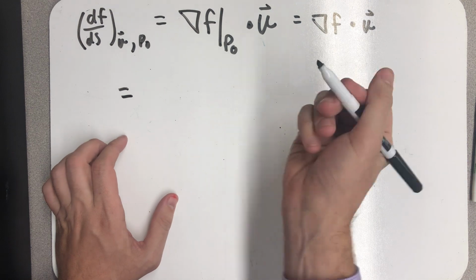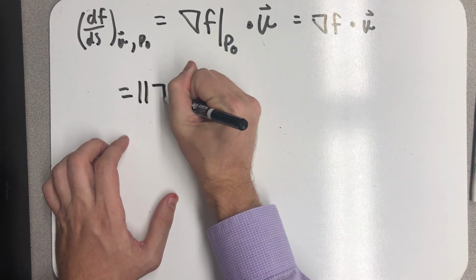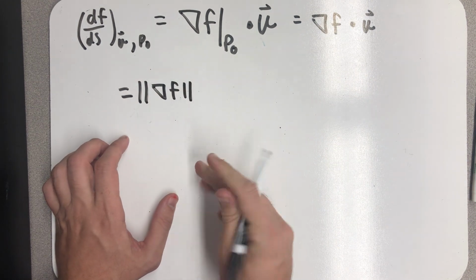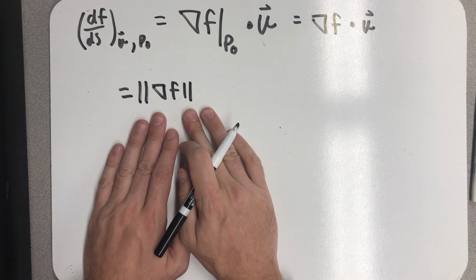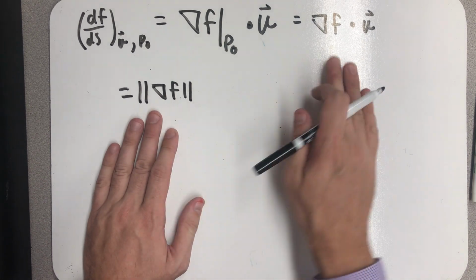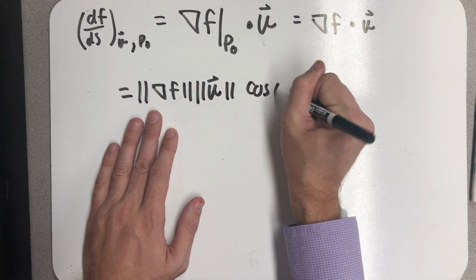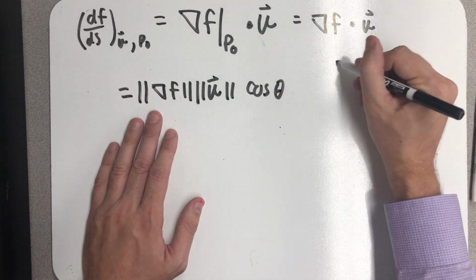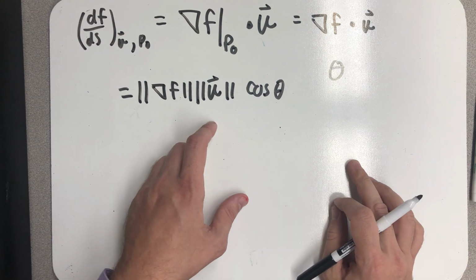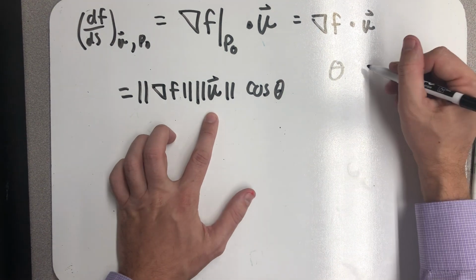can conclude. Because I know a dot product is also the magnitude of the two vectors multiplied together times the cosine of the angle between the two vectors. So I'm going to make a note here that theta is the angle between the gradient vector and u.